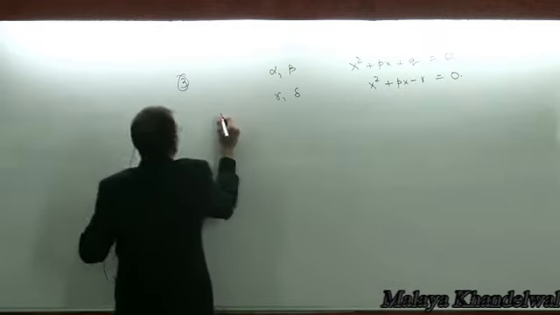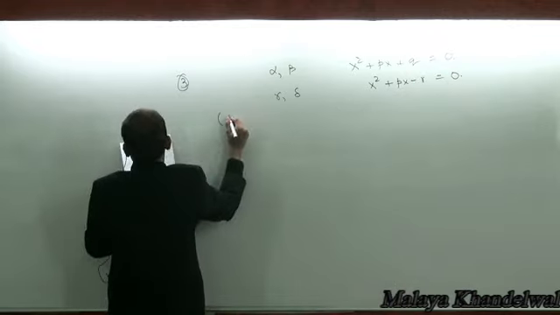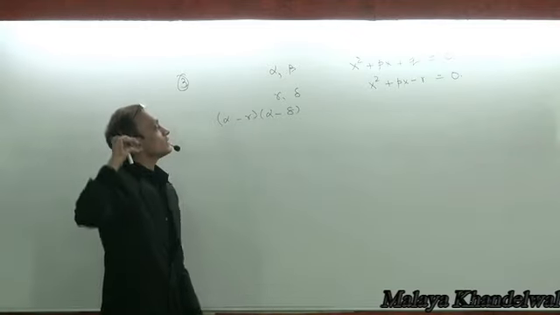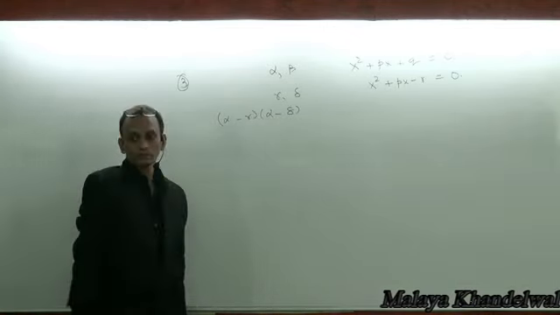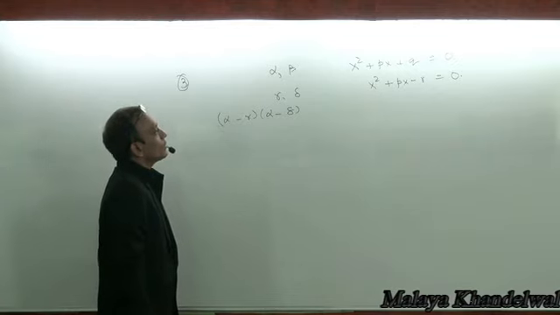We want to find the value of (alpha minus gamma) into (alpha minus delta). Alpha, beta are the roots of this, gamma, delta are the roots of this, right? We want to find the value of (alpha minus gamma) into (alpha minus delta). Yes or no?